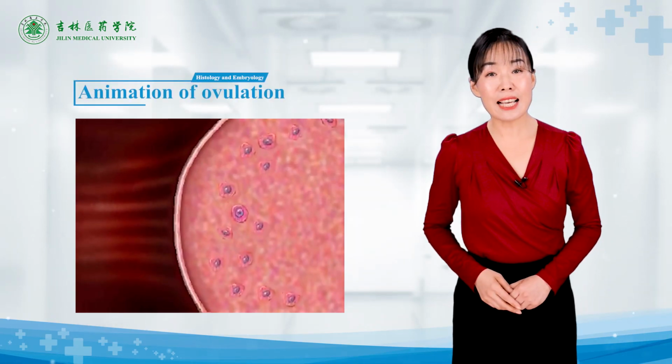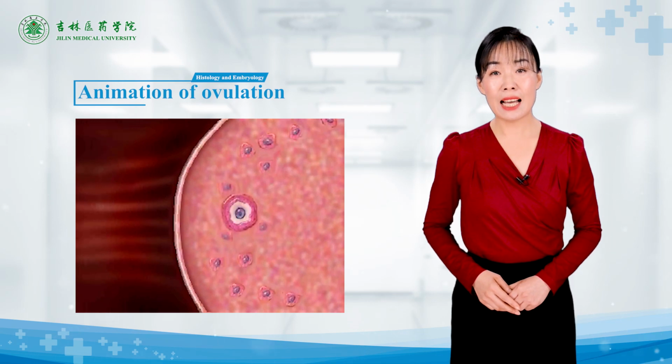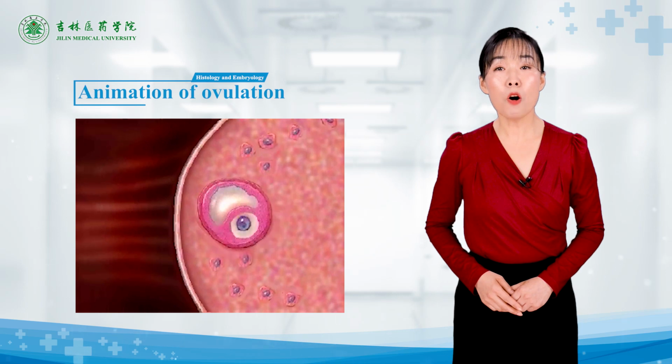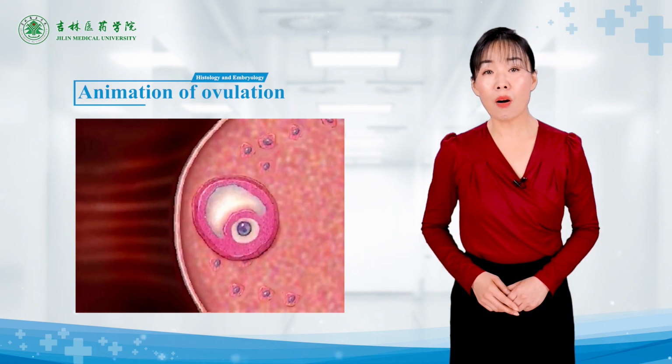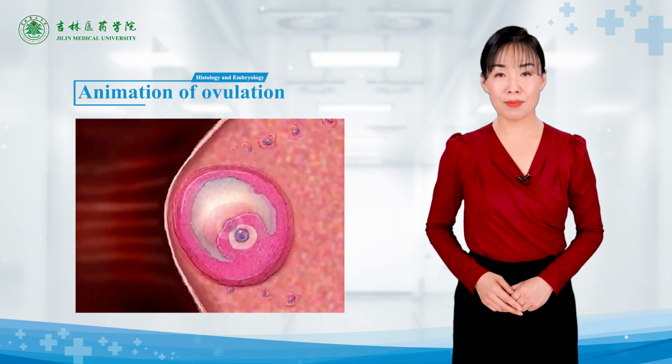The granulosa cells produce more hyaluronic acid and become loose, so the cumulus oophorus separates from the wall of the follicle and flows in the follicular fluid.